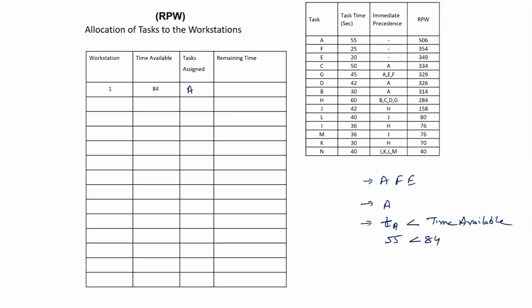Once task A is assigned to workstation 1, the remaining time will be 84 minus 55, which is equal to 29 seconds. So, then I will say that 29 is available here and I will eliminate.